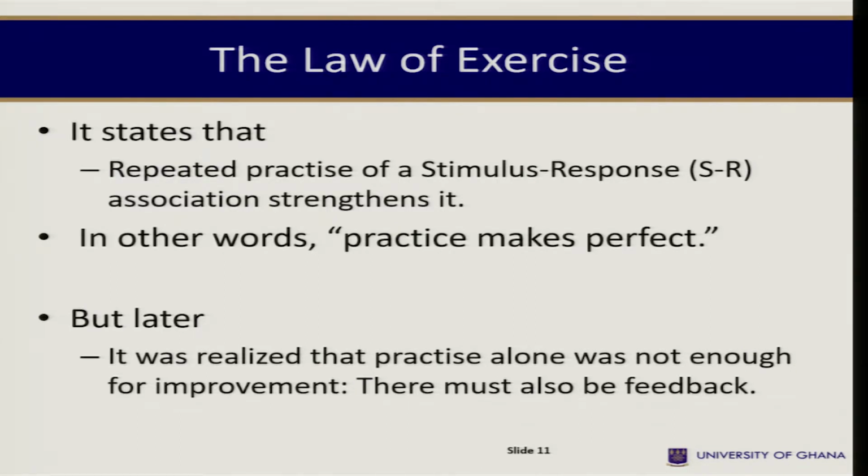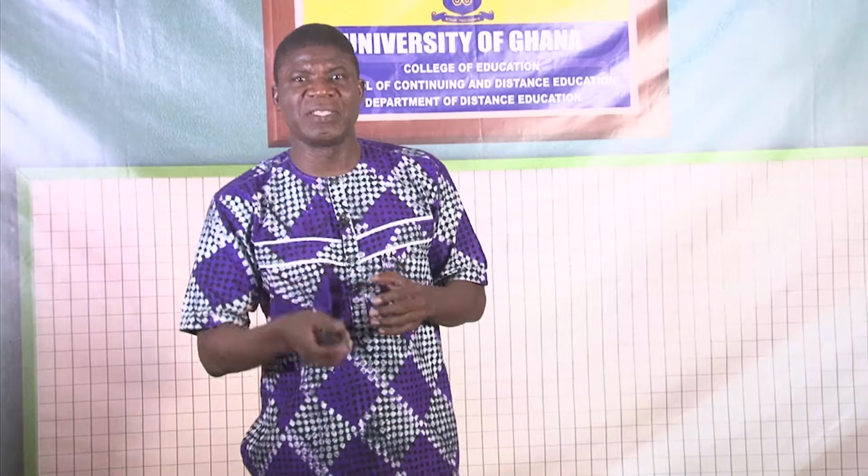It was realized later that practice alone was not enough for improvement. There must be feedback. Feedback is what really brings about the improvement in behavior, because with feedback, corrections are made and new things are learned from the feedback, so mistakes are not repeated. So it's rather the feedback that helps in bringing about improvement and not necessarily only the practice.